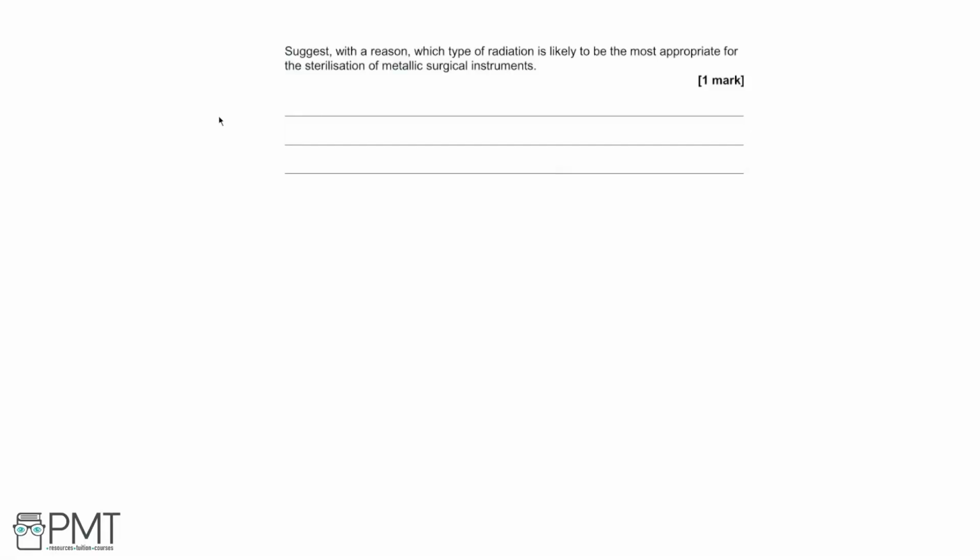This question is about radiation. The first part of the question says, suggest with a reason which type of radiation is likely to be the most appropriate for the sterilization of metallic surgical instruments. In order to answer this question, we need to consider the 3 different kinds of radiation, specifically alpha, beta, and gamma.